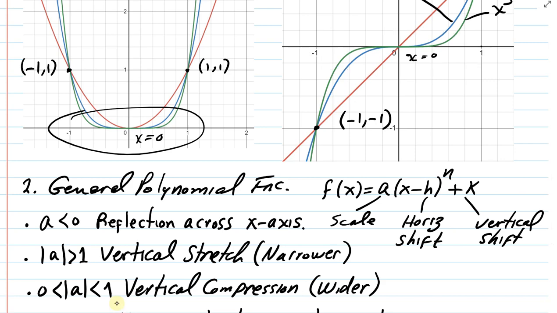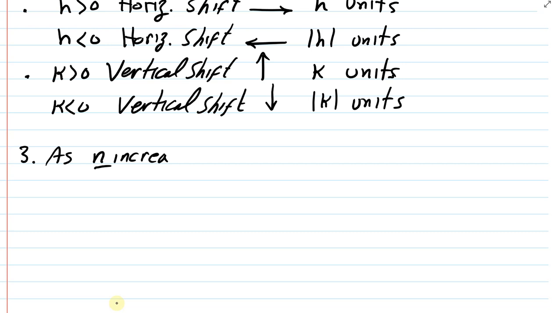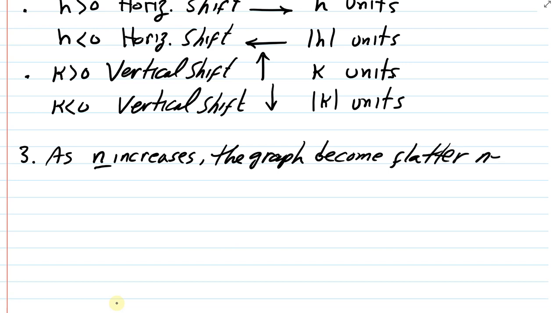So keep in mind, let me just make a note of this: as n increases, remember n is the power, the exponent on the power function, the graph becomes flatter near its x-intercept.